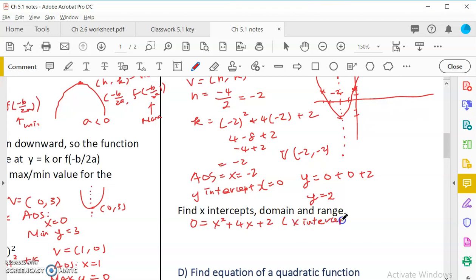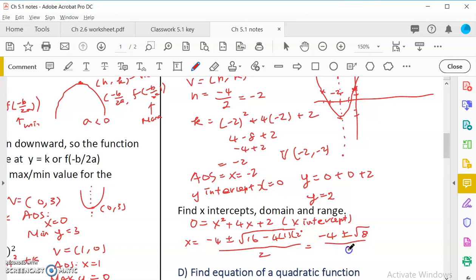So this is not factorable. So I am going to use the quadratic formula. x is equal to -4 plus or minus the square root of b squared, which is 16, minus 4 times 1 times 2, all over 2. So that would be -4 plus or minus the square root of 16 minus 8, which is 8, over 2.